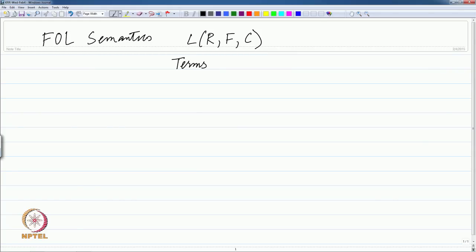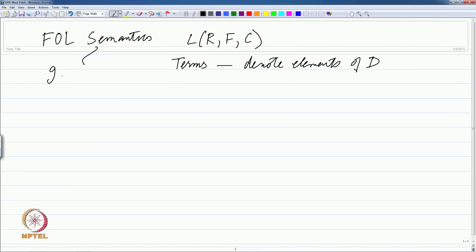If you remember, variables are terms, constants are terms, or if you take some function symbol and give it an appropriate number of arguments, then they are terms essentially. Now, terms denote elements of D. What is D? D is the domain that we are defining the semantics in terms of.